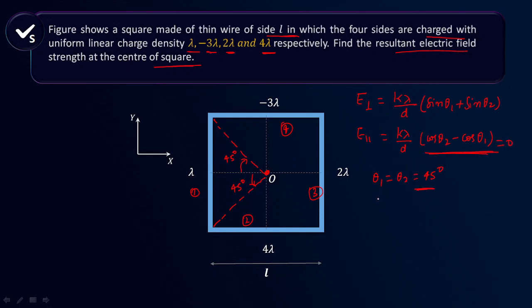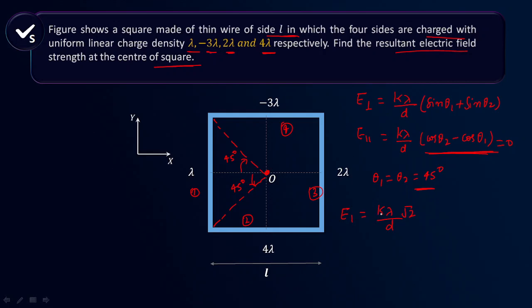E parallel due to all of them is 0 and E perpendicular only will be there. So E1 will be how much? That will be equals to k lambda, lambda was lambda only. So k lambda by d (sin 45 plus sin 45), 1 by root 2, 1 by root 2. So that will be how much? Root 2. Yes or no? Everyone.